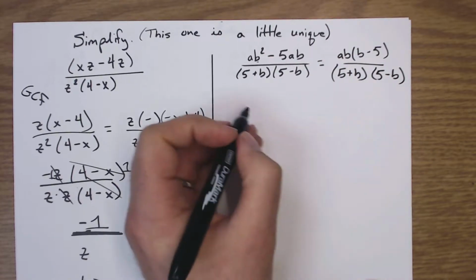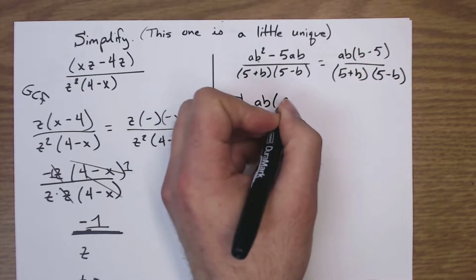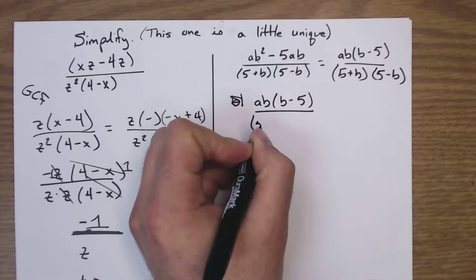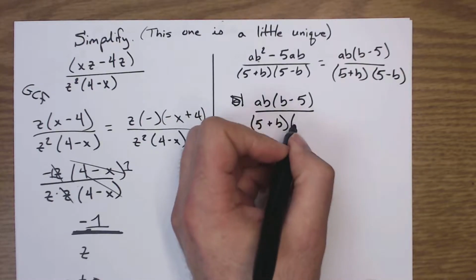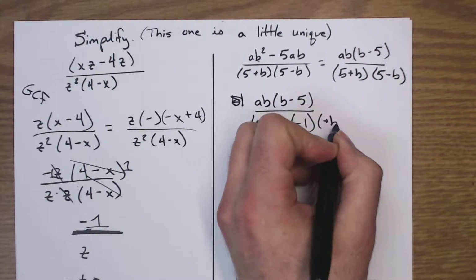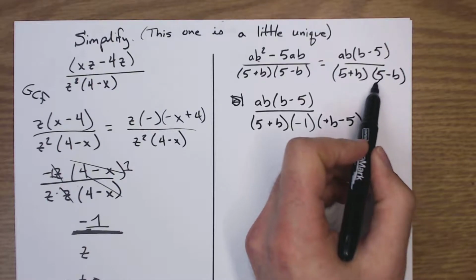I'm going to do that the same way. So I have an ab, and I have a b minus 5, 5 plus b. I'm going to factor a negative out of this one. There's a negative 1 I'm pulling out, and now it's a positive b in there and a minus 5. I also switched the order of those two.